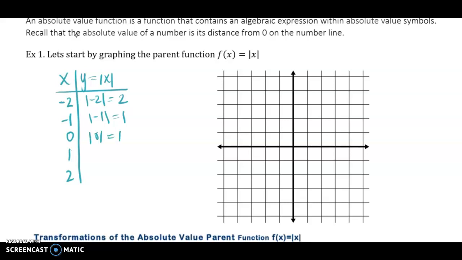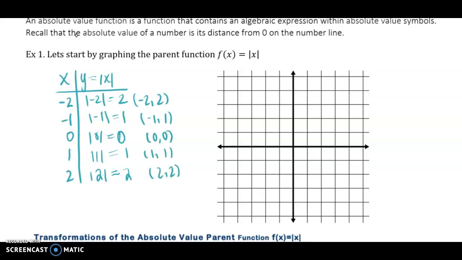Absolute value of 0 is 0. Absolute value of 1 is 1. Absolute value of 2 is 2. So we get the points -2, 2, -1, 1, 0, 0, 1, 1, and 2, 2.